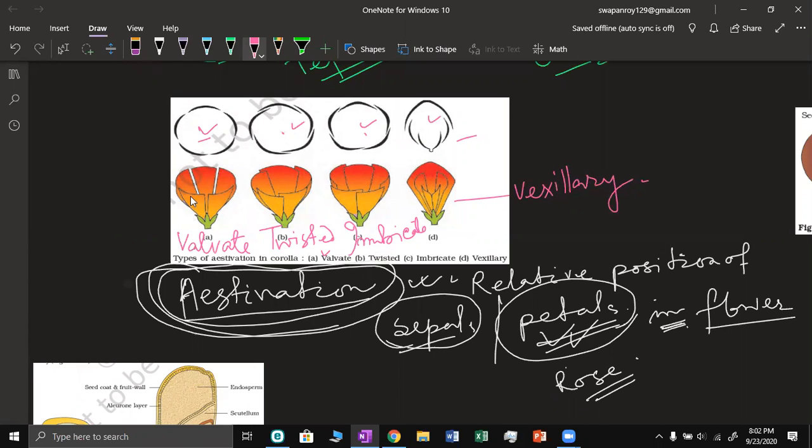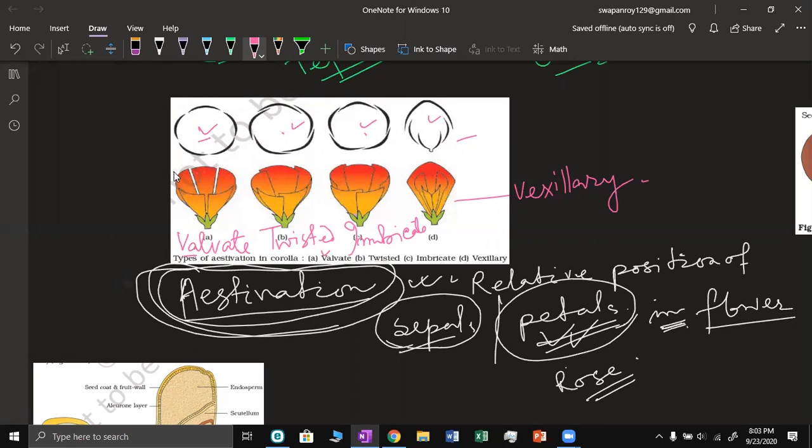Here you can see in case of valvate, the petals or the sepals are arranged in such a way that no petal or sepal is overlapping each other. They are just meeting by their margin.